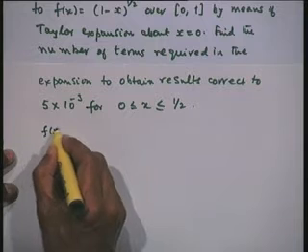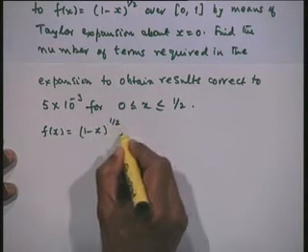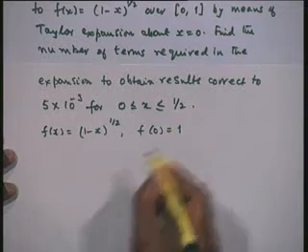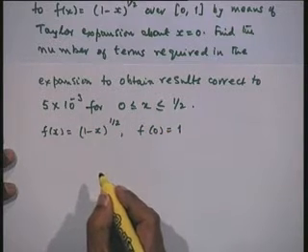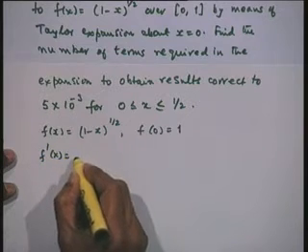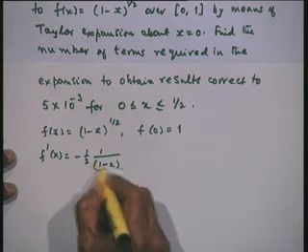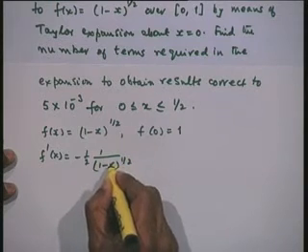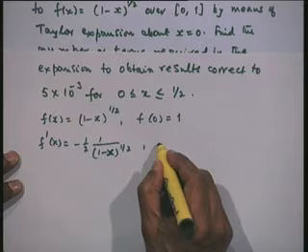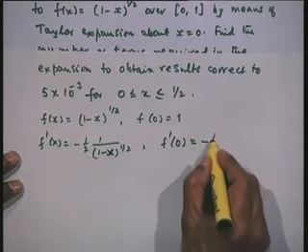We are given f of x is equal to 1 minus x to the power of half. Therefore, f of 0 is equal to 1. Let us differentiate it: f prime of x is minus half into 1 minus x to the power of minus half; I have taken the minus sign outside. So f prime at 0 is minus half.